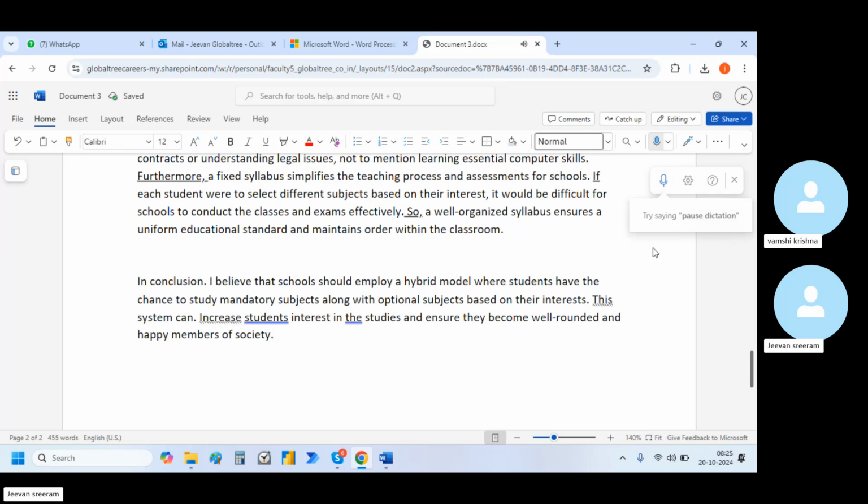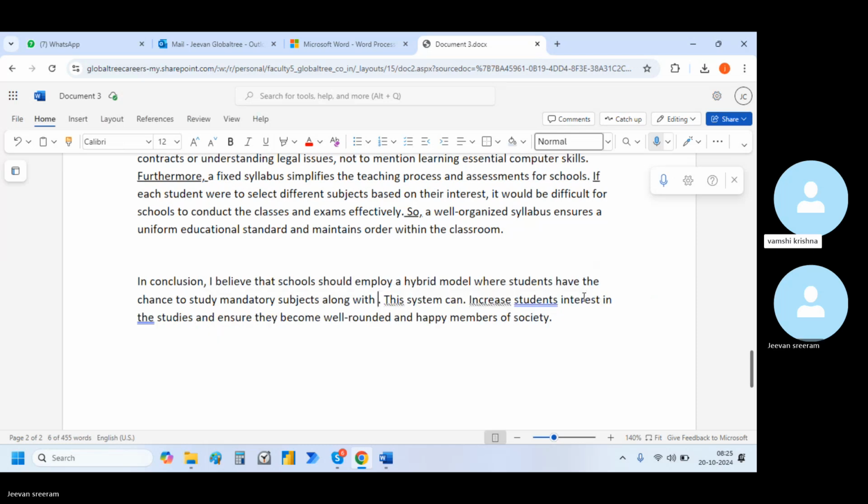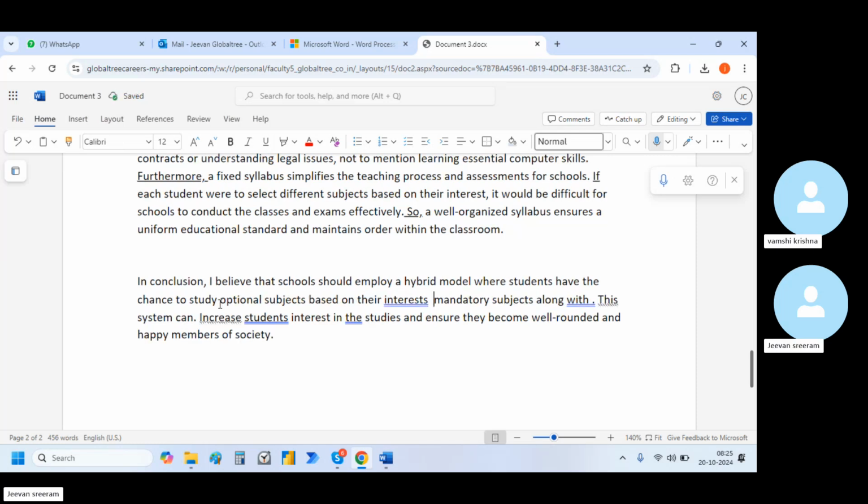Yeah, this conclusion is enough. In conclusion, I believe that schools should employ a hybrid model where students have the chance to study optional subjects based on their interest along with mandatory subjects.